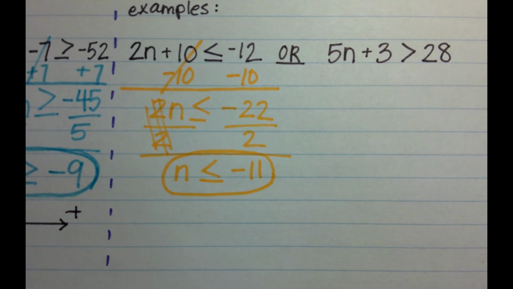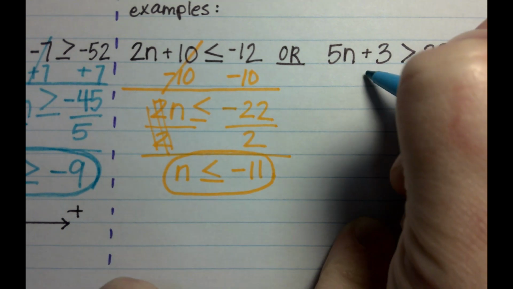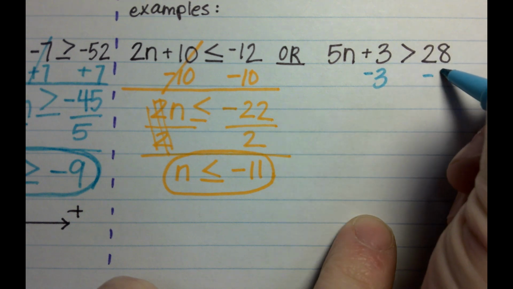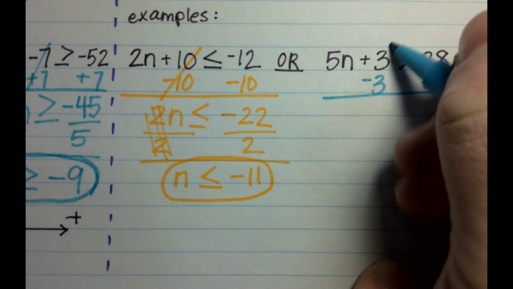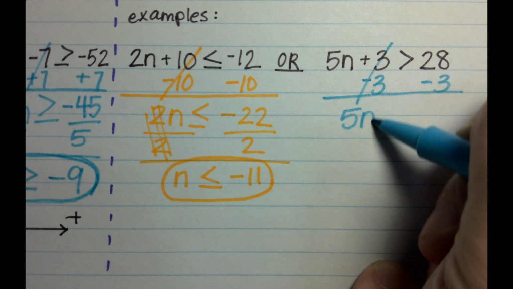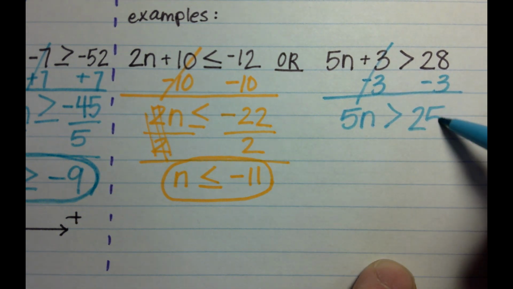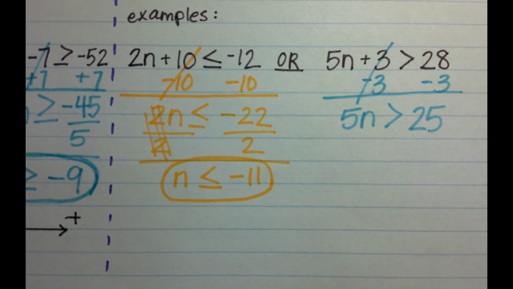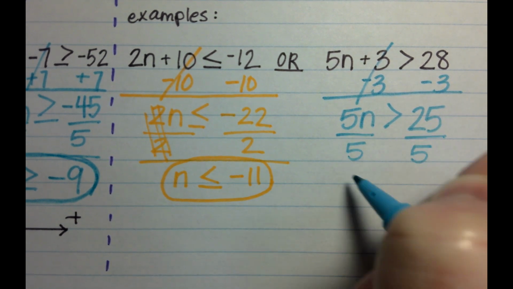Let's do the next one. 5n plus 3 is greater than 28. What do we do here? -3 on both sides. 5n is greater than 25. Divide by 5 on both sides.